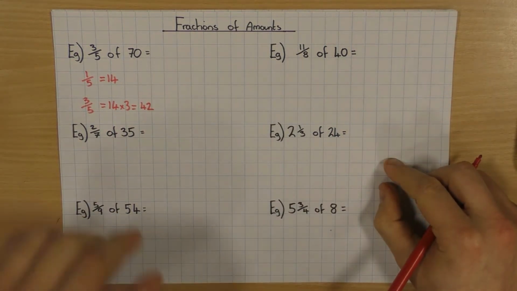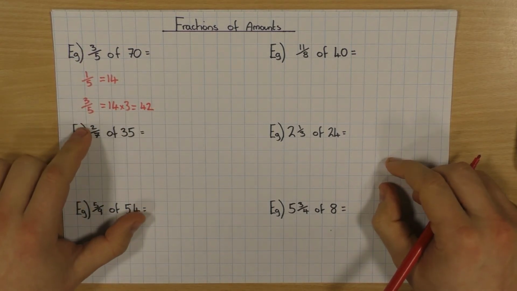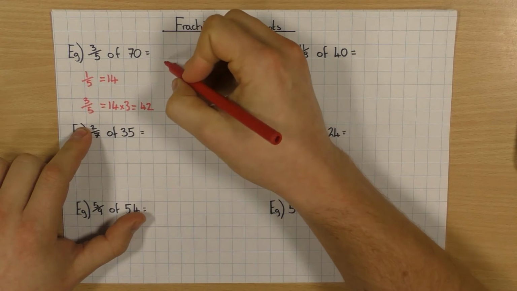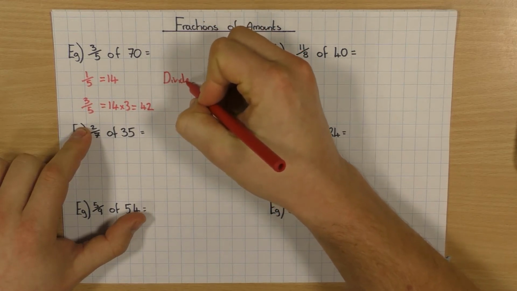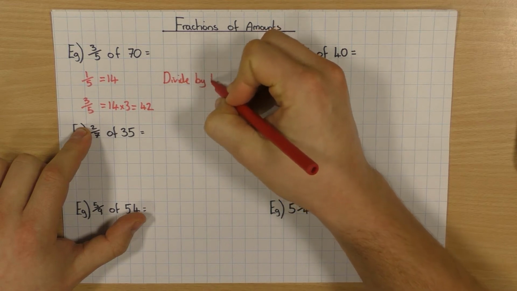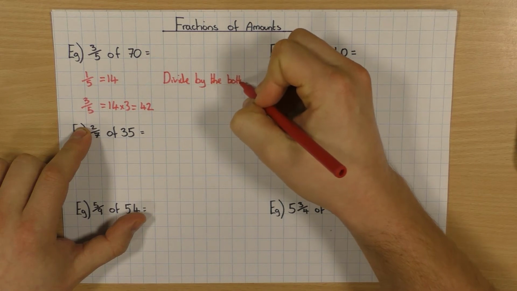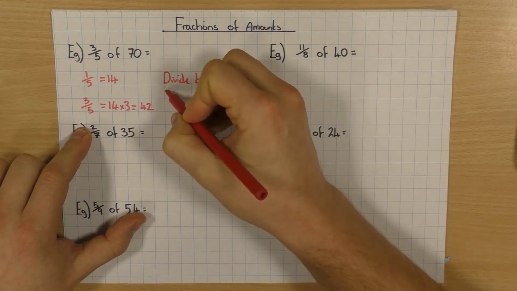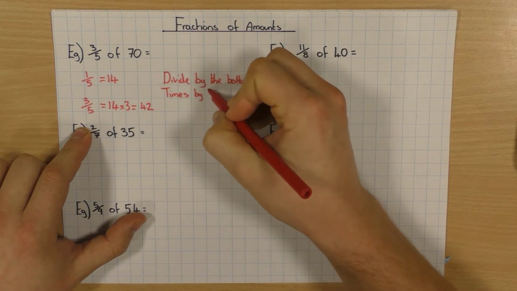Okay, so this is what's going on. And the way that people generally remember this is by saying we divide by the bottom, and then we times by the top.